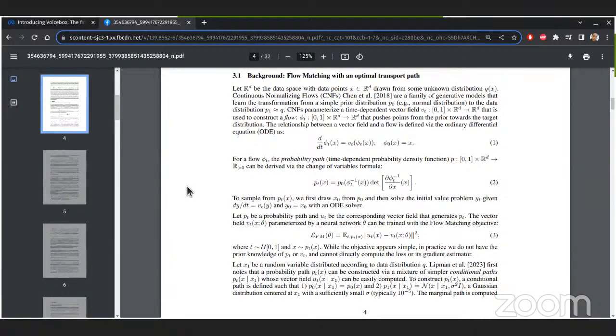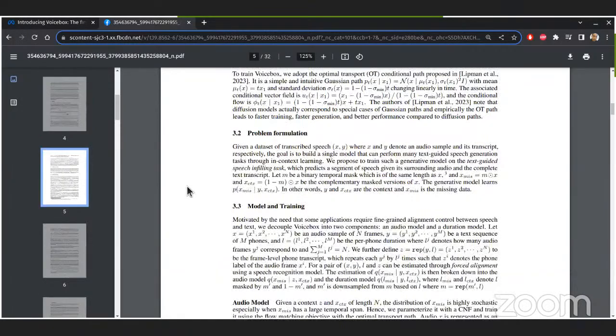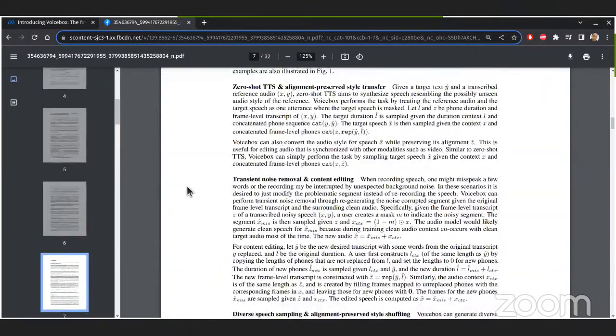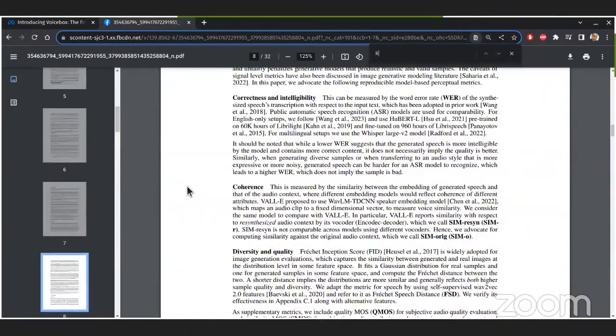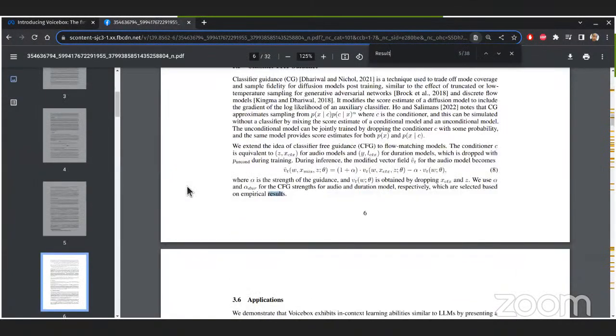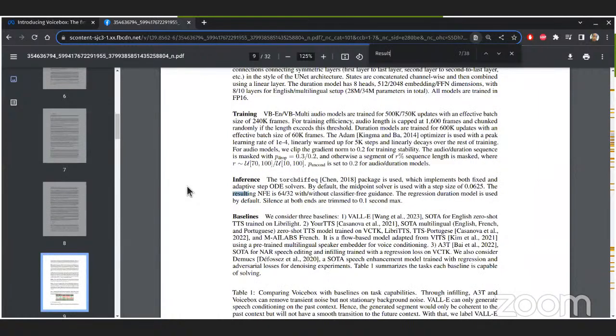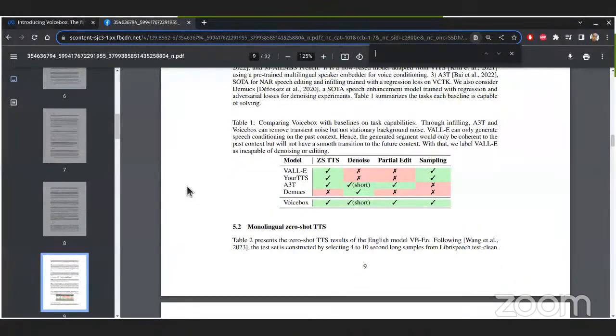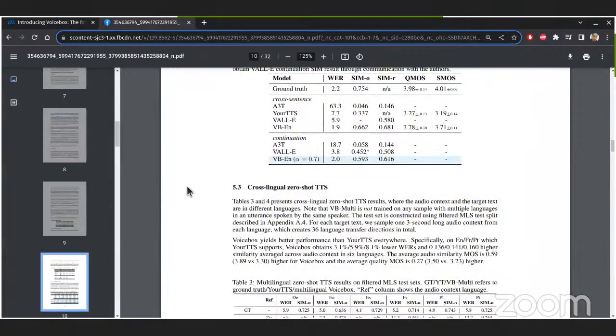Actually, if we go to the results section really quick, they claim that it outperforms the state of the art with a lower word error rate and a higher audio similarity score while being up to 20 times faster. Yes, yes.